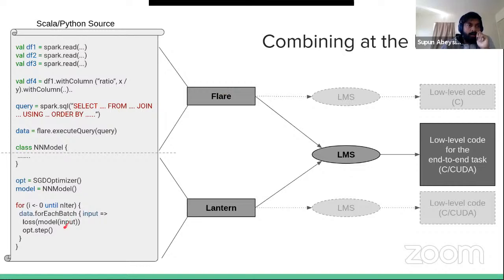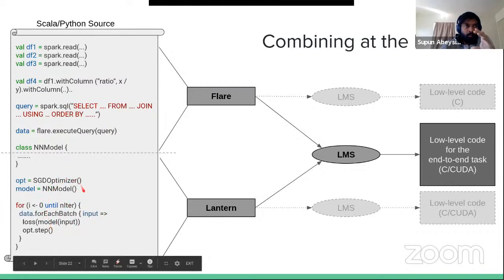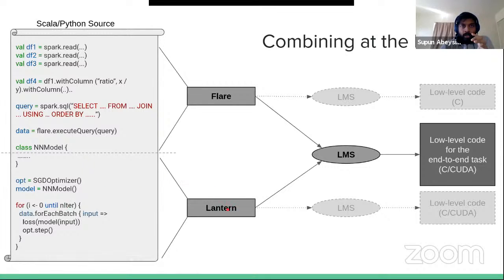In Lantern, we write the machine learning model in Scala, and then we use LMS to generate low-level code for that particular model. Then we would compile this code separately, and there would be some indirect way of communicating between the two systems.